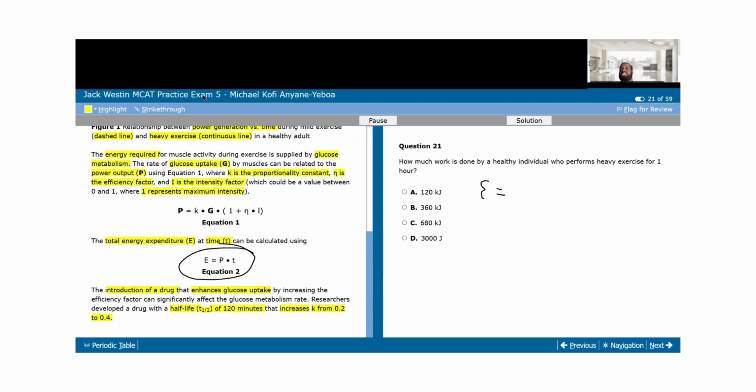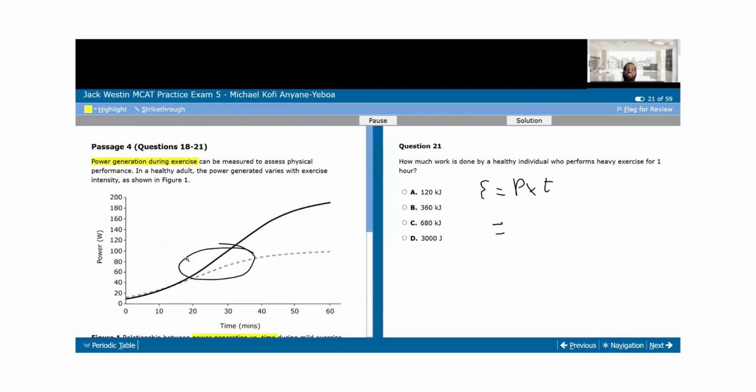Energy equals the power multiplied by the time, right? So now that we know this, we need to figure out what is the power of that individual who's performing the exercise.